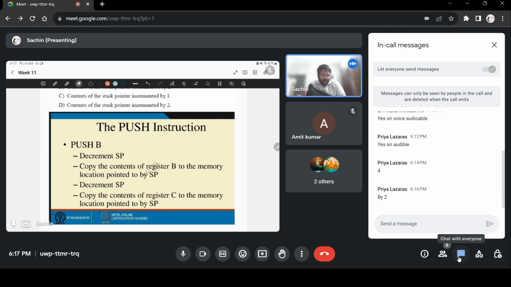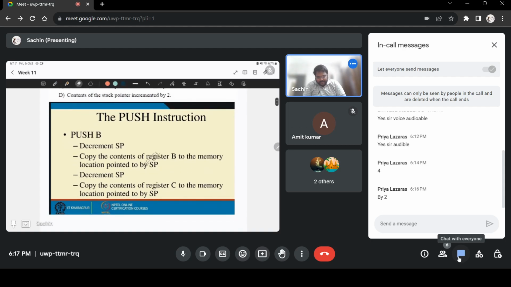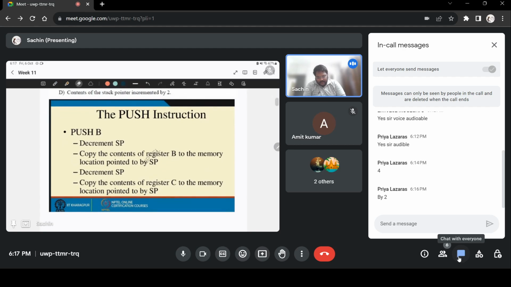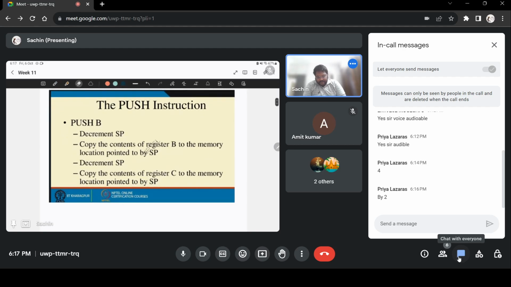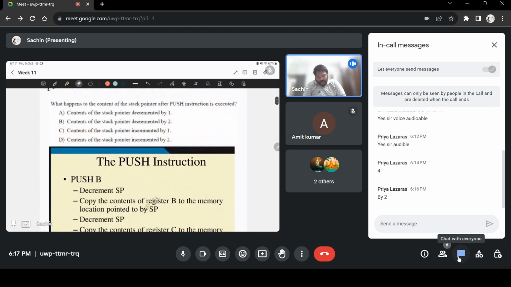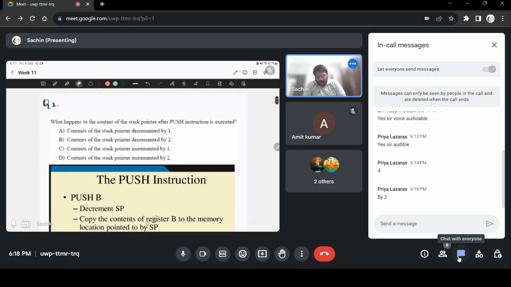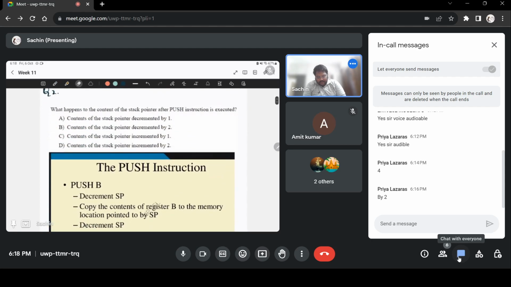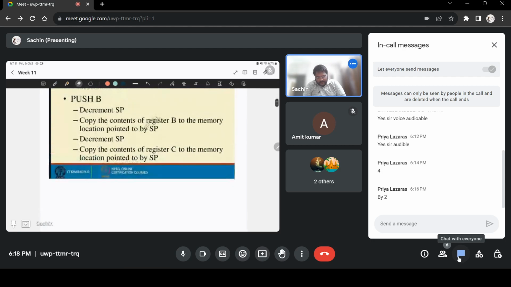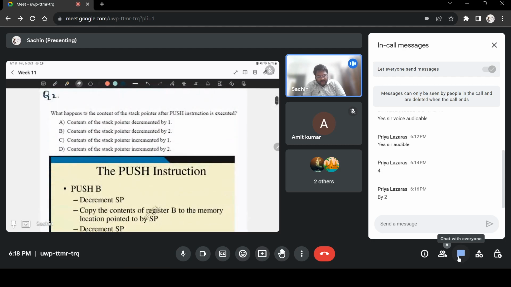You can't copy the contents of a single register. You can't copy contents of just B. The contents of C will also be pushed onto the stack. Okay. So there are two decrement operations. So the answer is option B. Contents of the stack pointer decremented by 2.